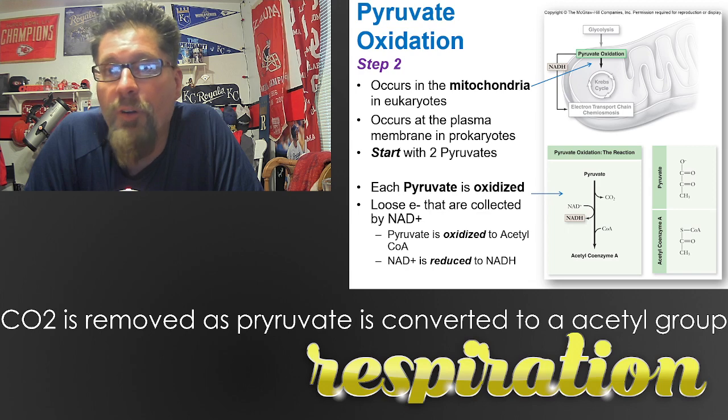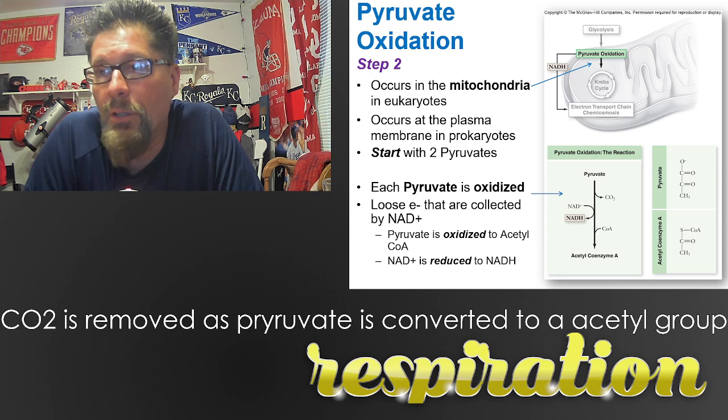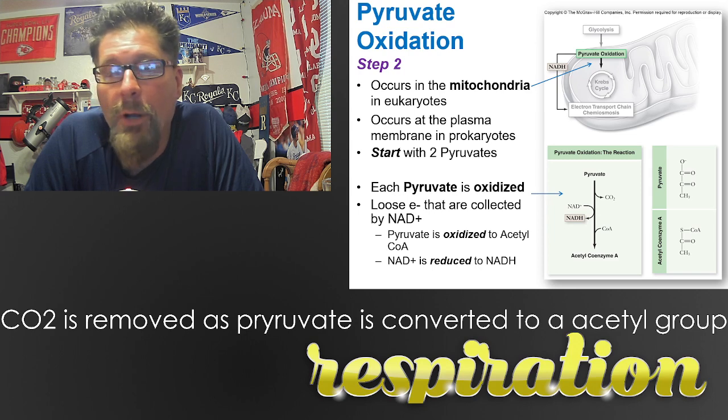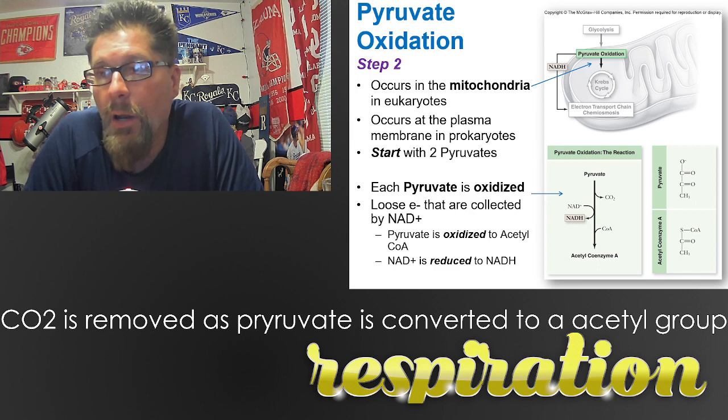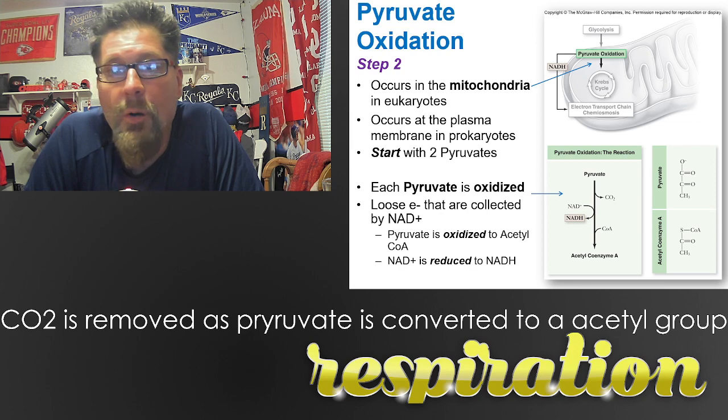You can see on the far right those two boxes, the pyruvate and the acetyl coenzyme A box. You can see that in the conversion, one of those C's on that middle branch and two of the O's are removed, the one from the end and one of the ones in the middle. And that's the carbon dioxide that's being removed. And then of course that CoA, that coenzyme A, is attached as well.